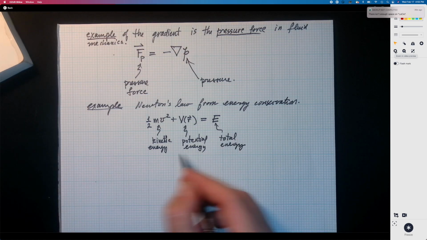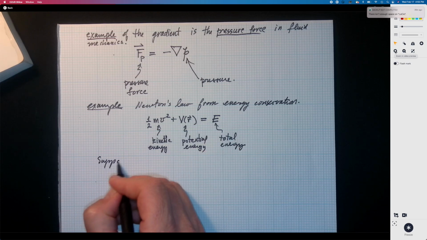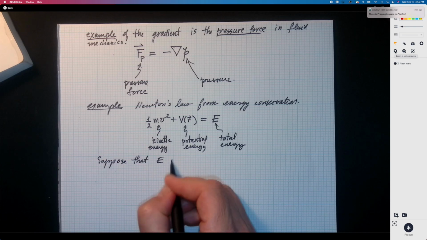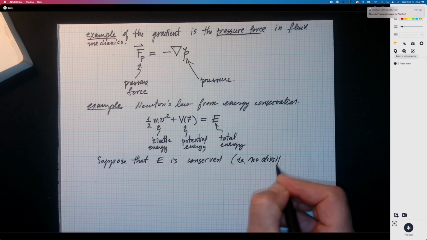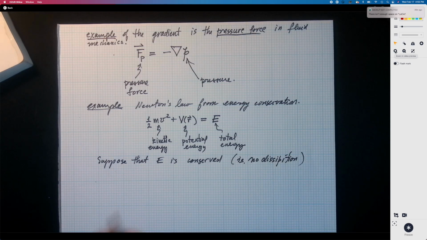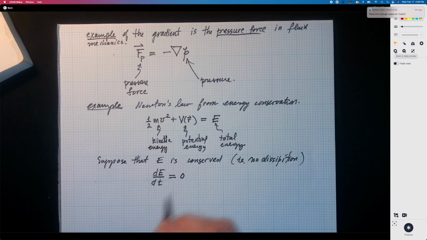And suppose that there's no dissipation, so the total energy is conserved. Then the time rate of change of E is 0.